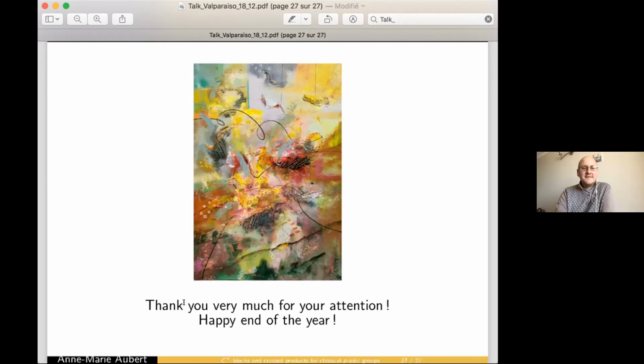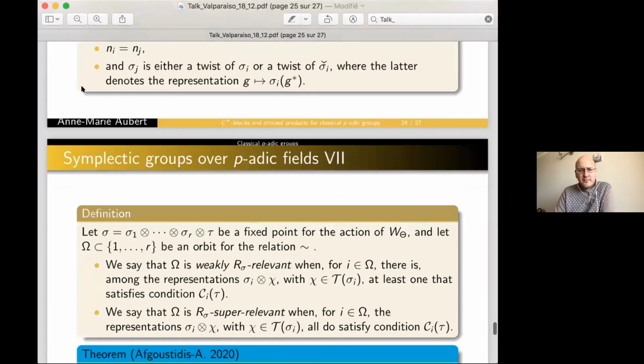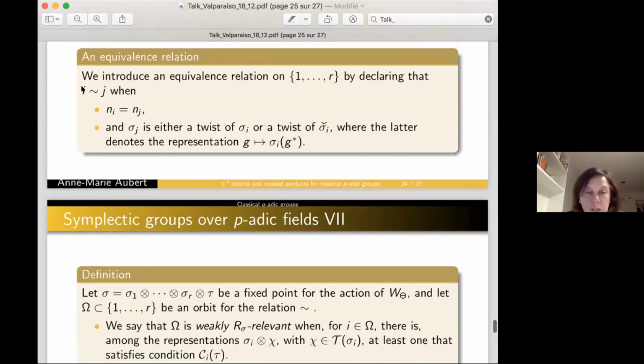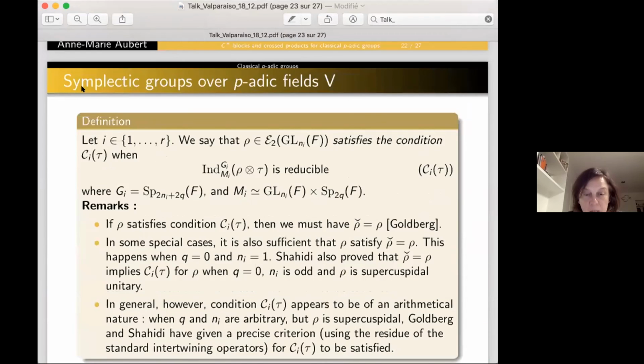Are there questions for the speaker? I was curious about the condition Ci2. Does it go to the structure of the L-packet, or is it more of an R-group property? I think it's close to the L-packet, because it's really a condition on reducibility, a condition about the intertwining operator.